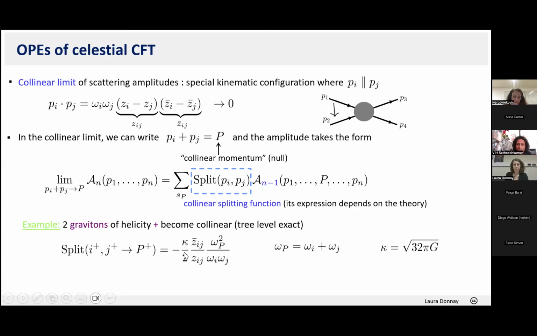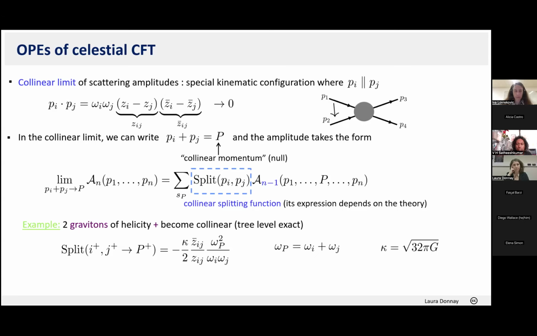Again, this is in momentum space. Now the goal is to see what it gives for celestial CFT. Is there any question about the story of collinear limit or OPE or both? A priori, celestial holography will connect these two things together.